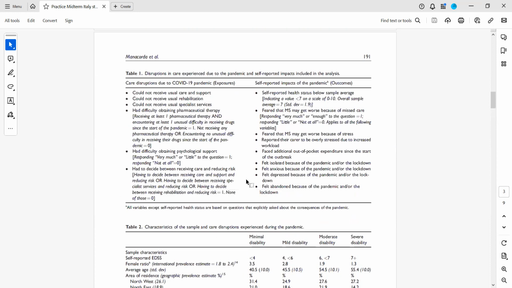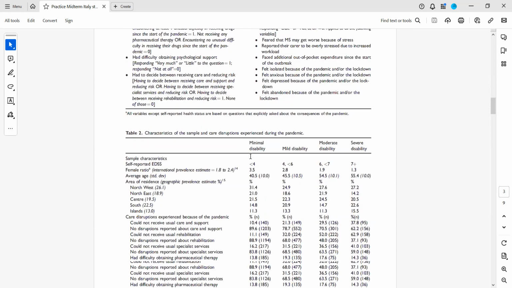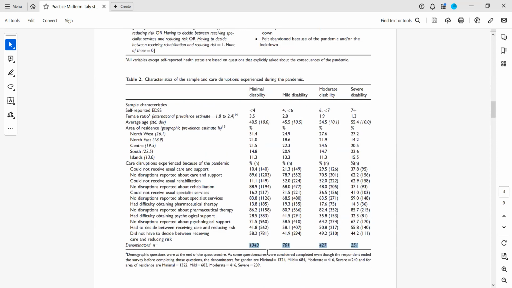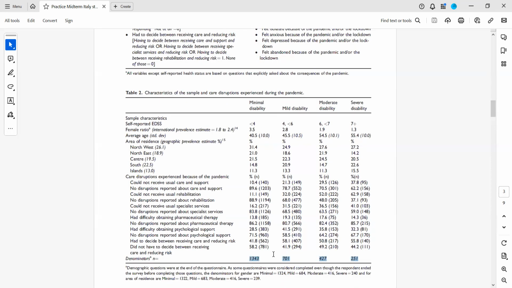I'm sure they say it in here someplace. They'll say in here what the total sample size was. Here it is. But basically it's the n, the denominator's n, right? That's the sample size. So you can see that most people in the sample, 1,343, had a minimal disability. And 251 had a severe disability. Okay.